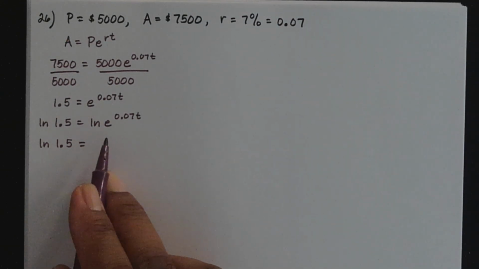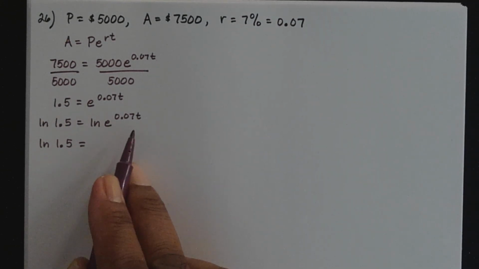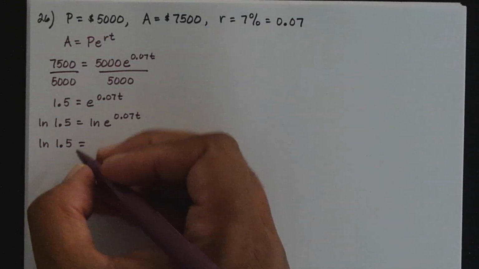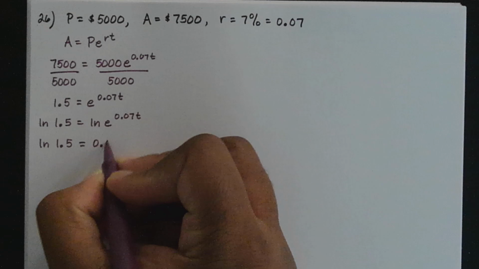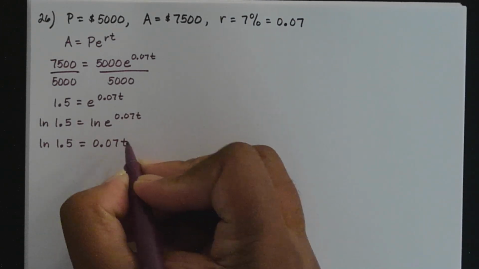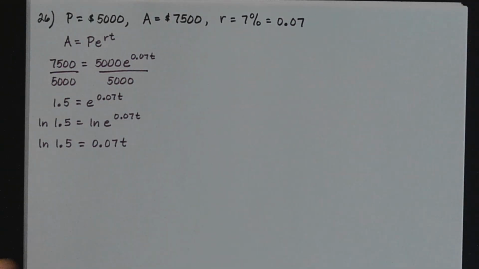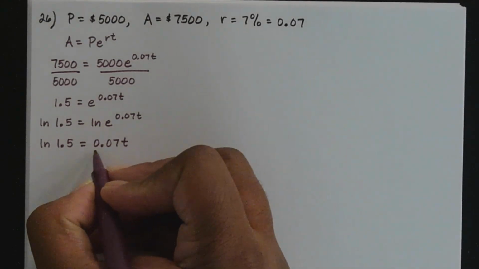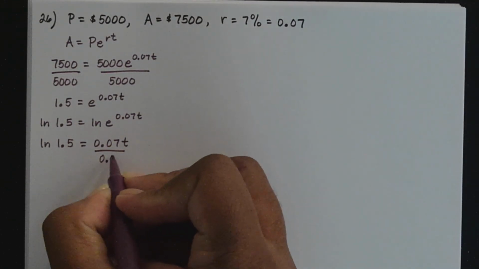If I have ln of e to whatever my exponent is, it's going to be that exponent. So ln of e to the 0.07t will be 0.07t. And then to solve for t, I'll just go ahead and divide by 0.07 on both sides.